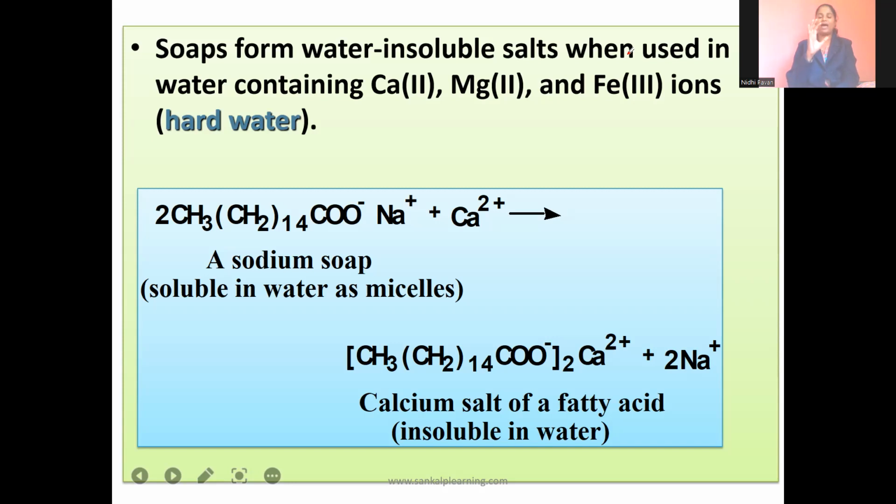So you can see patches on the clothes when you wash the cloth in hard water with the soap. That is why we should not wash clothes in hard water using soap. It is due to the formation of insoluble salts.